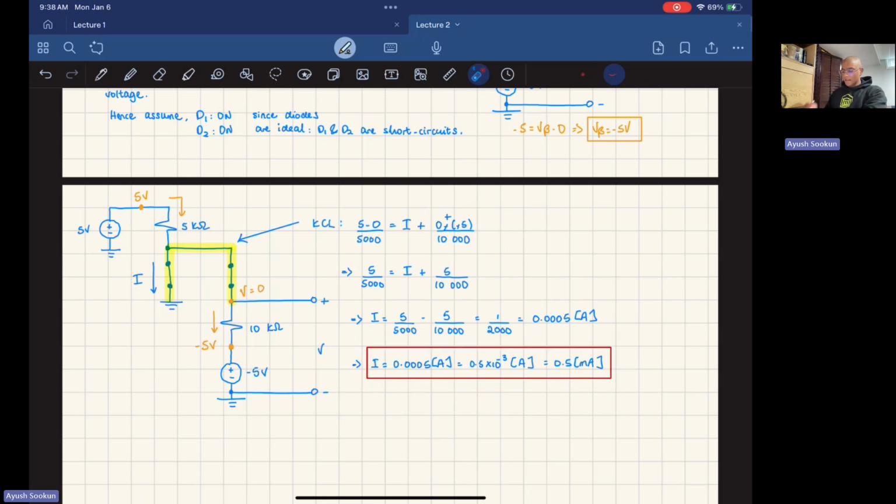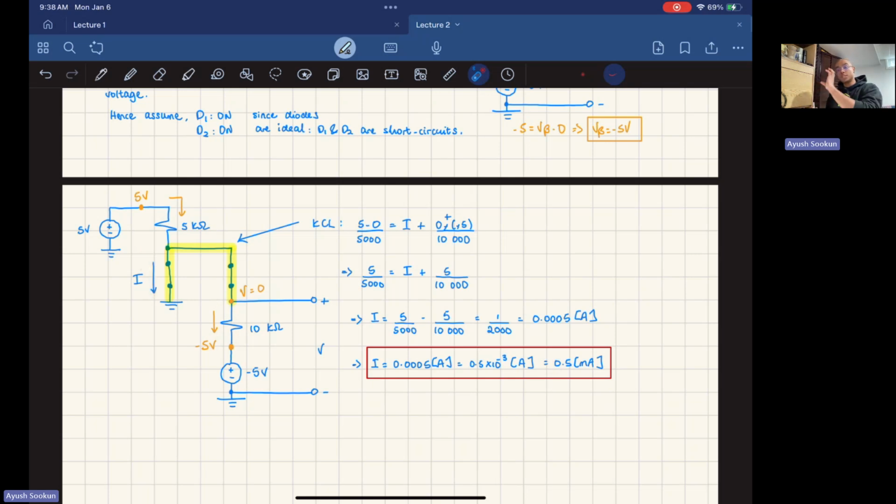Now, if I look at the circuit and I look at my current I, its value is positive. That means the current is going in this direction. So I'm very happy, because the diode is conducting current in the direction it's supposed to. Say, for example, I had minus 0.5. This answer would be wrong.